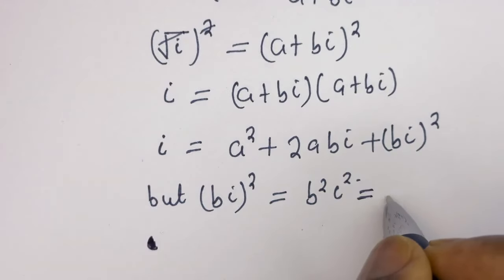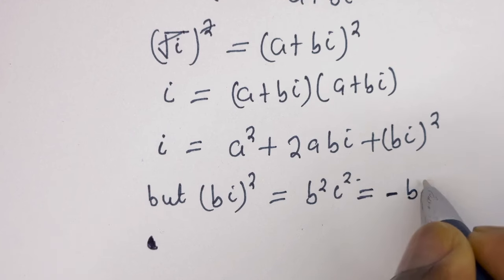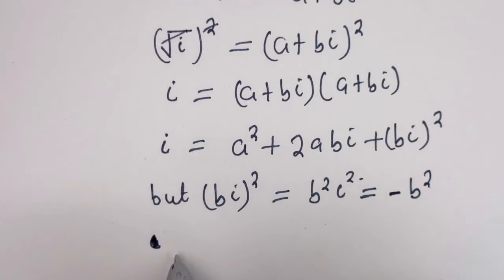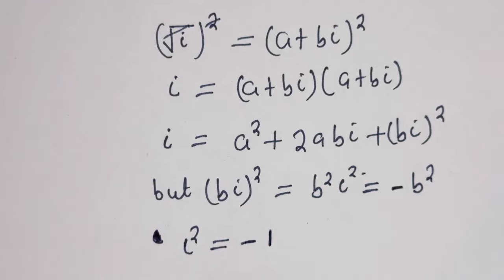Also minus b squared, because i squared is equal to minus 1. So that's how we get this minus b squared.